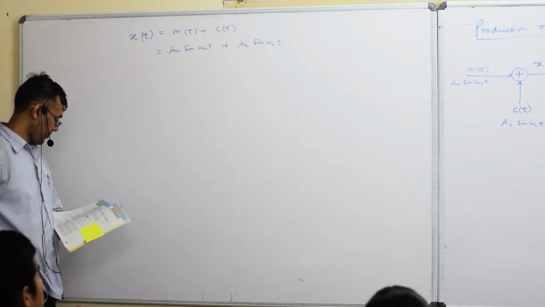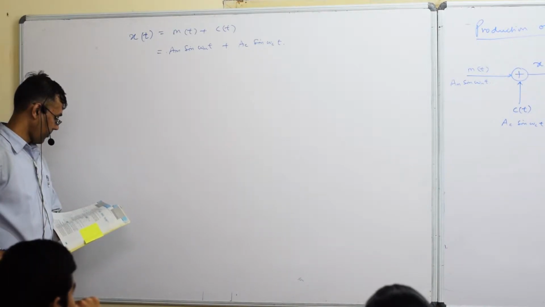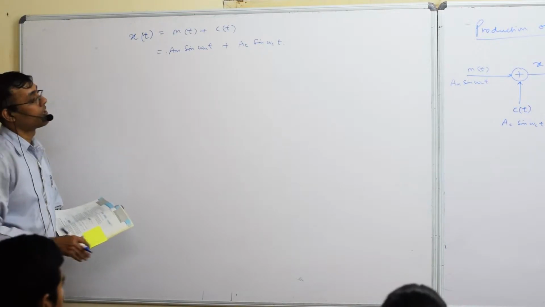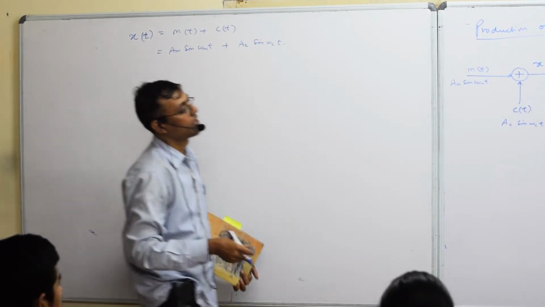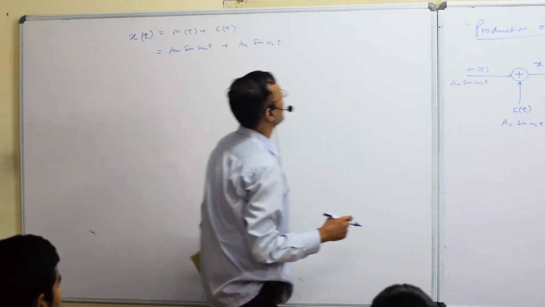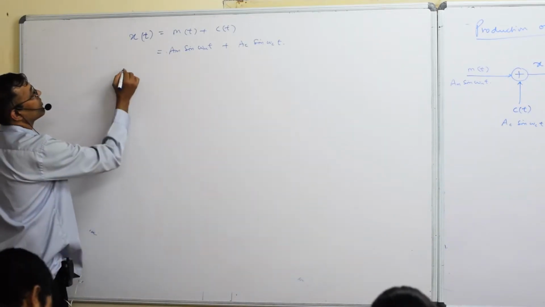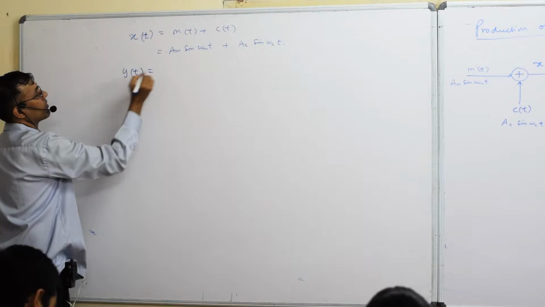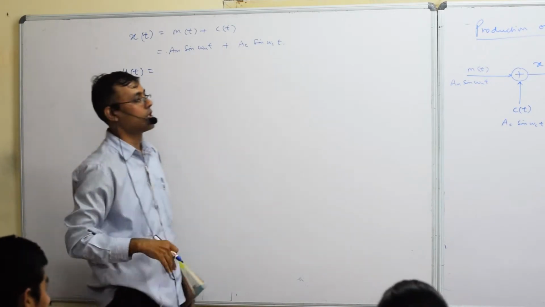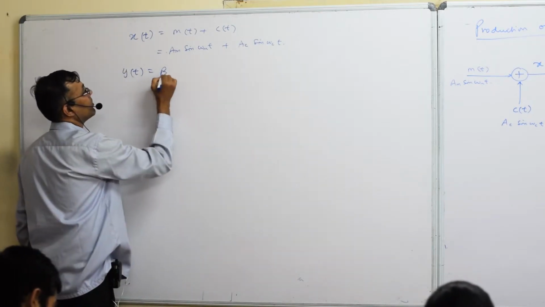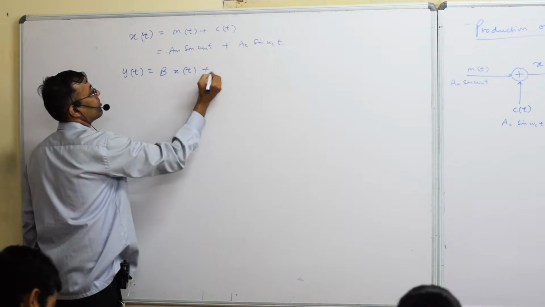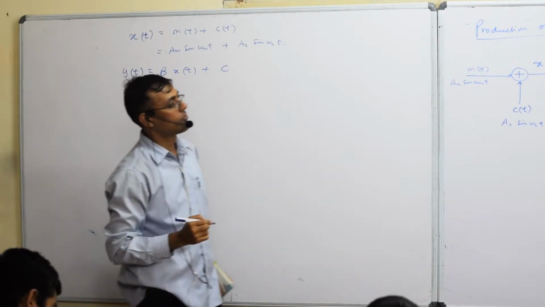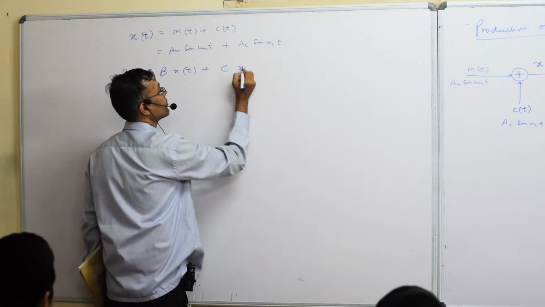So let's see. I got the x of t, but y of t is defined like this. What it means, you will have to wait for some time to make sense out of it. So just let's follow what is given there. So b of x of t plus c of x of t the whole square, where b and c are some constants.